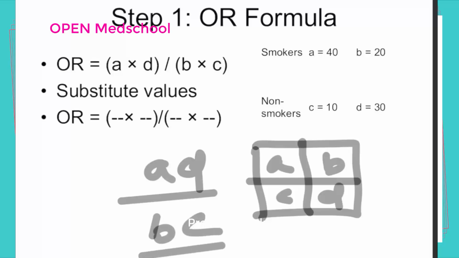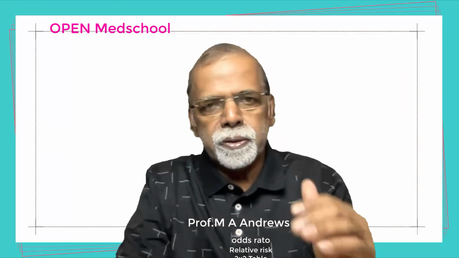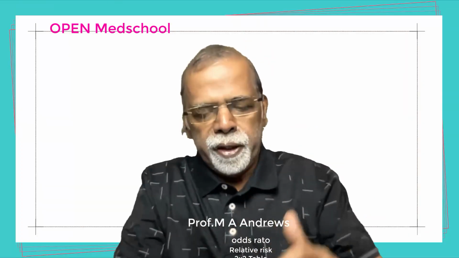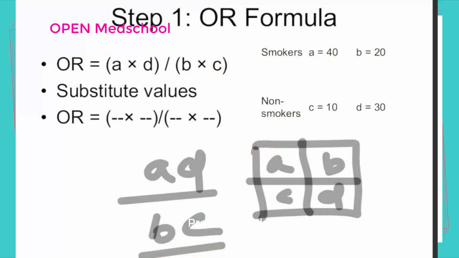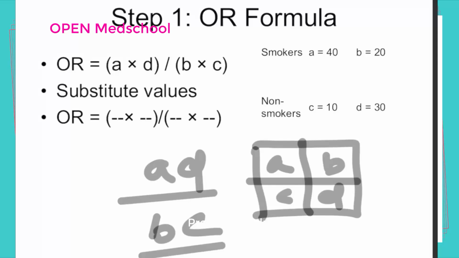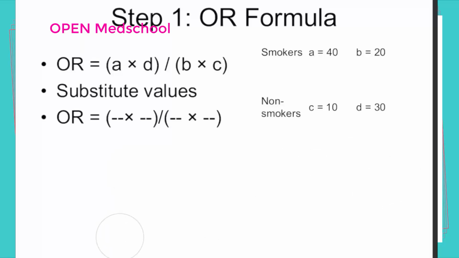This is the way of calculation of the odds ratio: cross multiply and then divide. AD divided by BC. There is no need to go into the exact details of how it is done. So in this example, you can calculate. Just look into how you will calculate this. We'll draw the table.